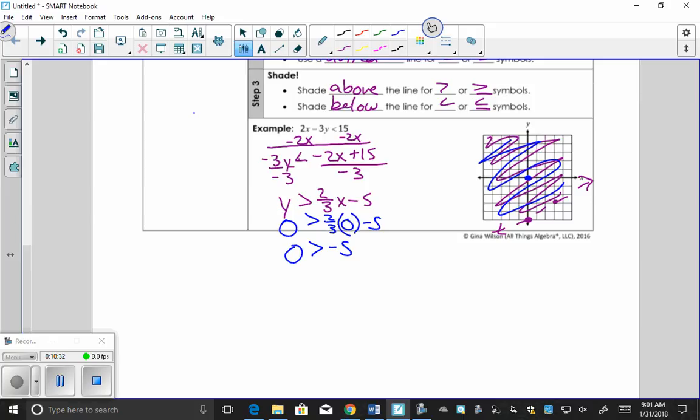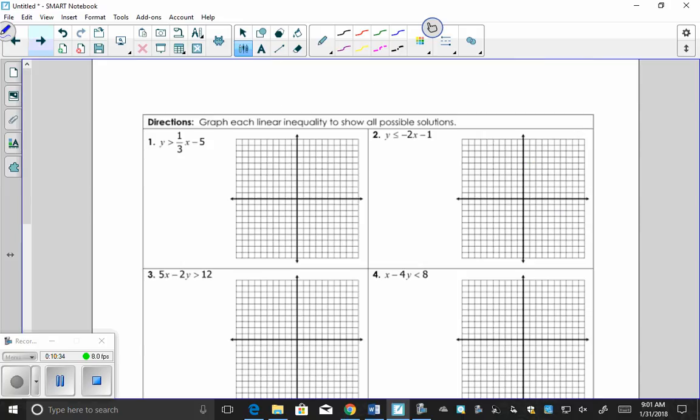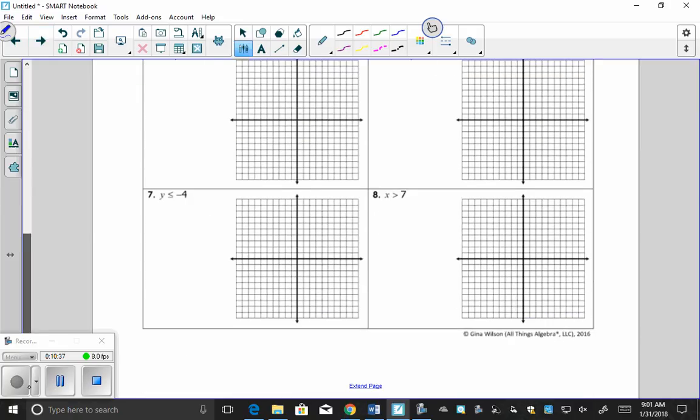Okay? I'm going to do another example. I want to look at number 8. X equals 7, or x is greater than 7. Okay? Is that a vertical or horizontal line? Not horizontal. Vertical. So you're going to put a point at 7 on the x-axis. Is it a solid line or a dotted line? It's dotted.